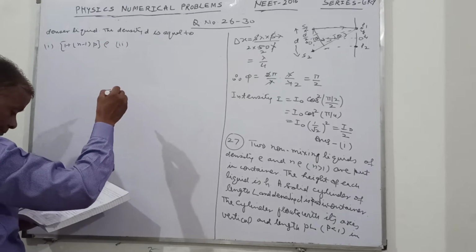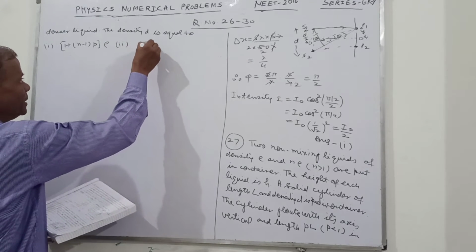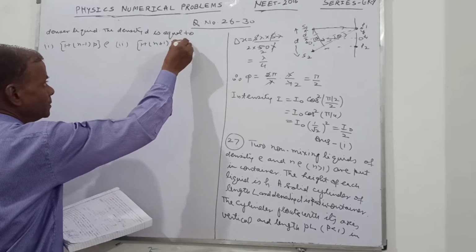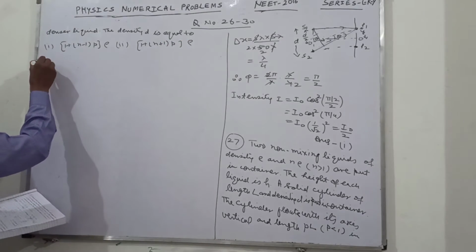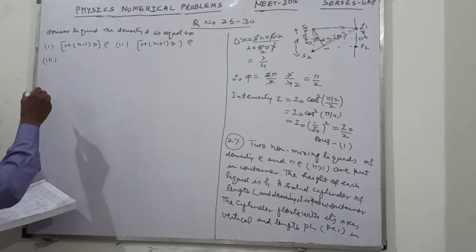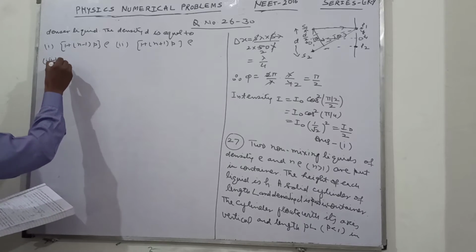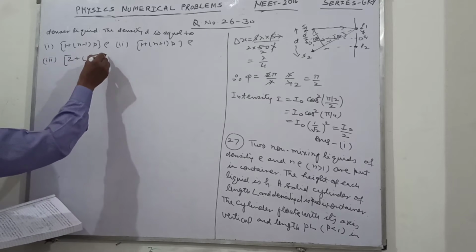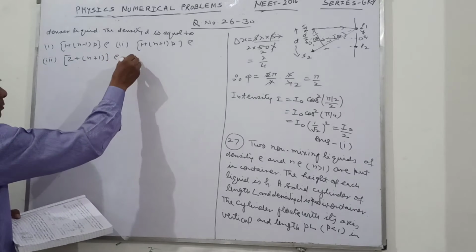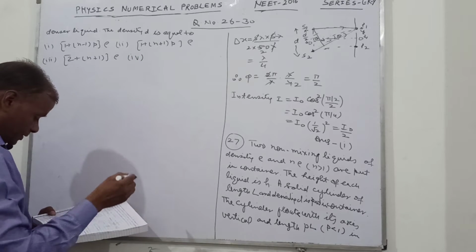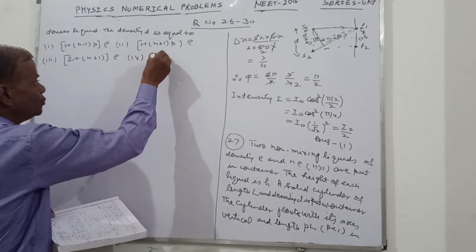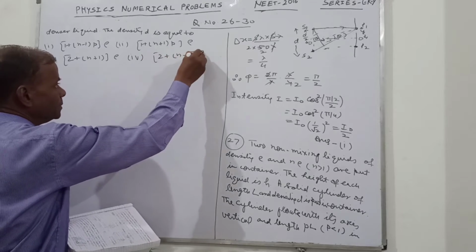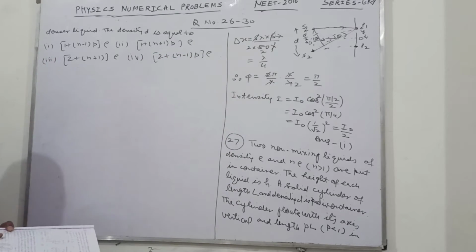Second option is 1 plus n plus 1 p into rho. Third option is 2 plus n plus 1 rho. And fourth option is 2 plus n minus 1 p into rho.